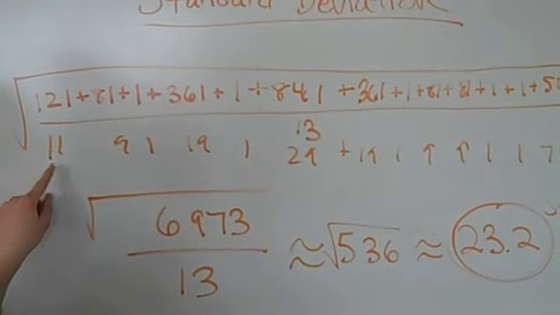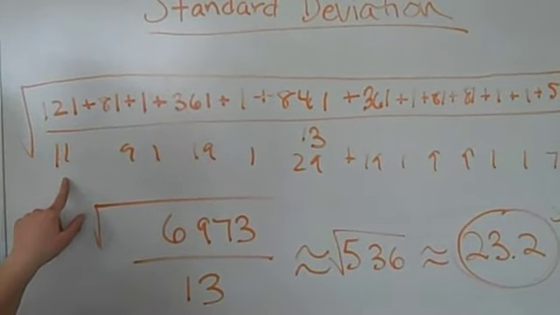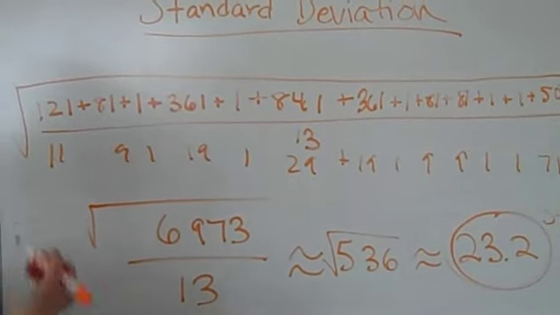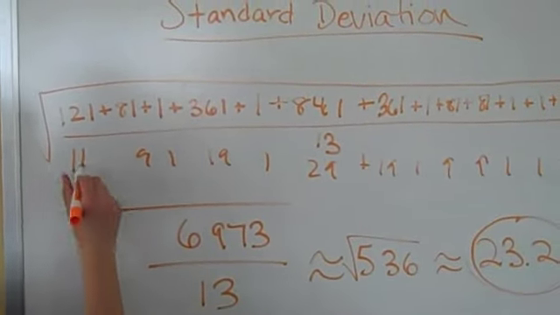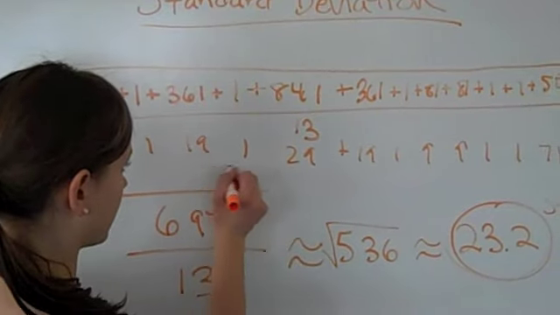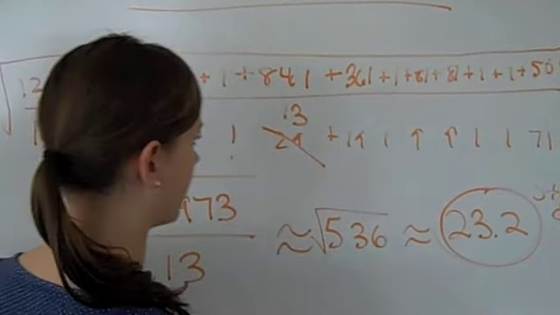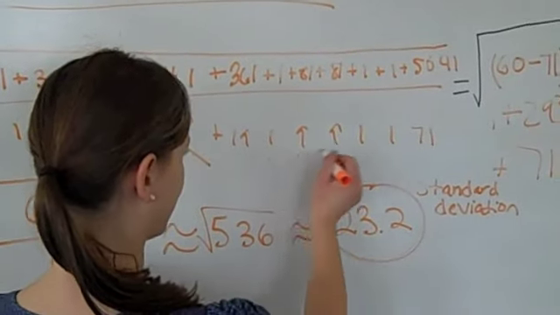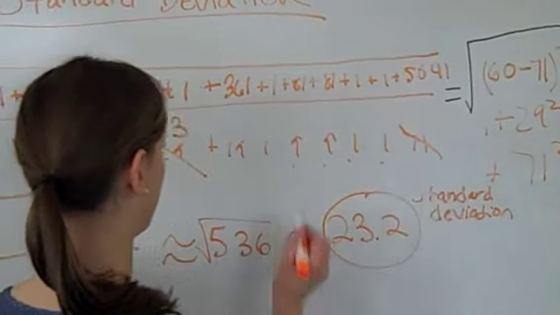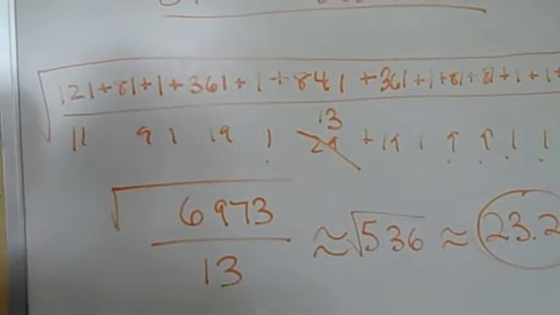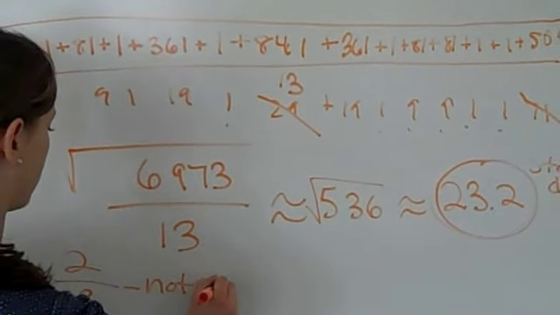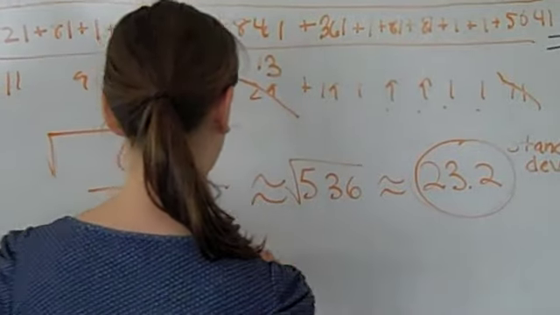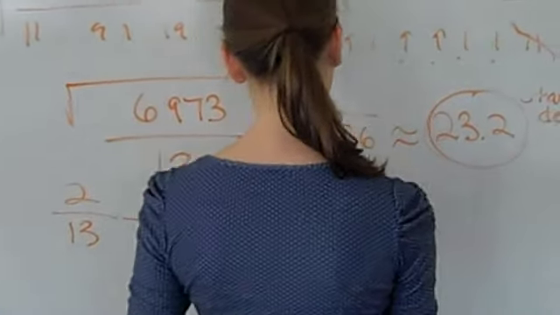This is doing 60 minus 71 and then making it positive. So we have all of these, and then which of these are less than 23.2. So this one is, this one is, this one is, this one is, this one is, this one isn't, so cross that one out. This one is not. So 2 out of 13 are not within one standard deviation. Okay.